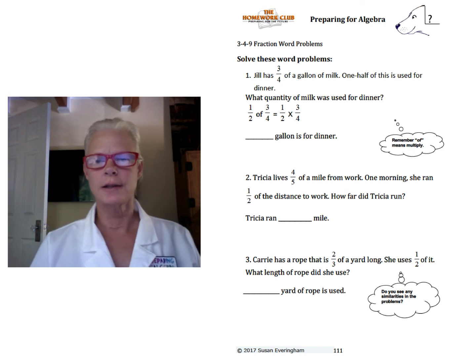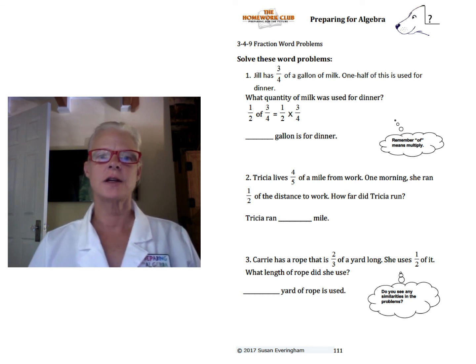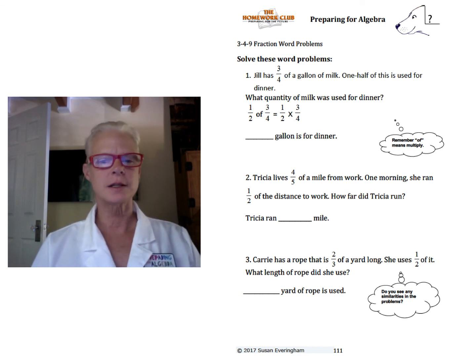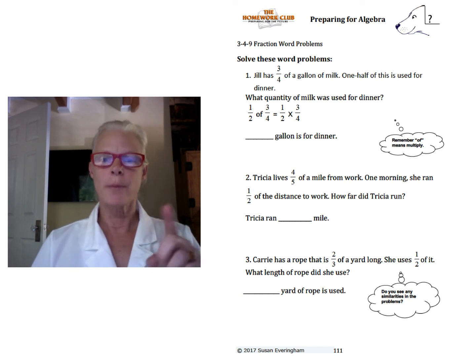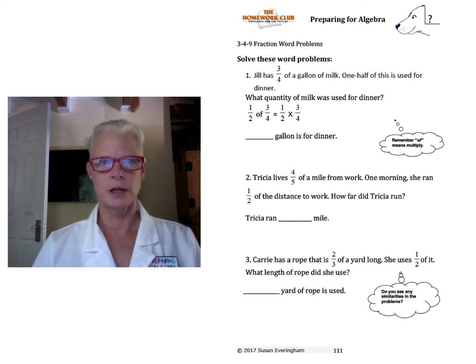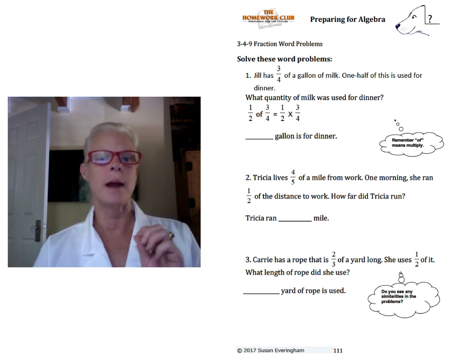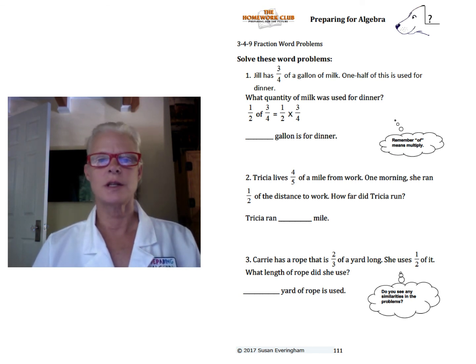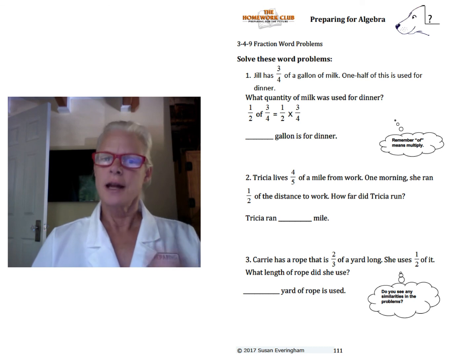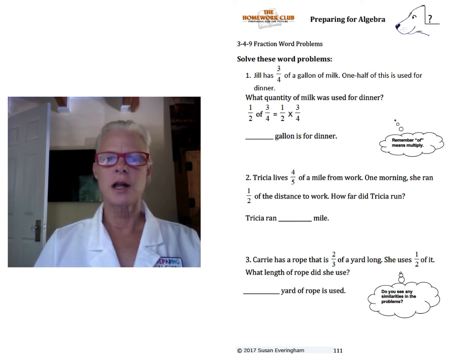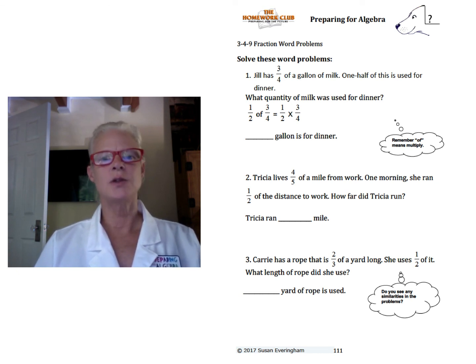Page 111, more fractions, more word problems. Let's look at the bubble first. Remember, of means multiplying. In the previous page, I asked you what separation might mean, and division was the correct answer for that. So in this problem, Jill has 3/4 of a gallon of milk. 1/2 of this is used for dinner.